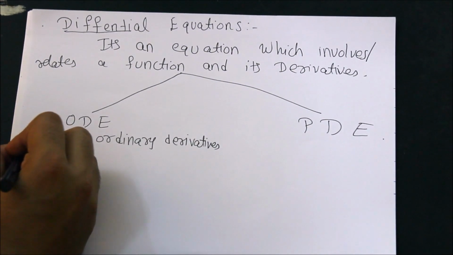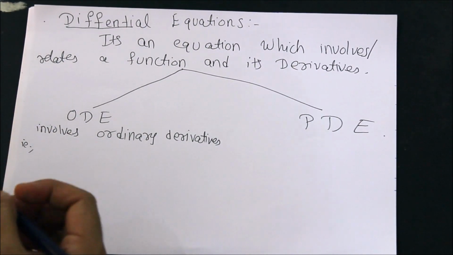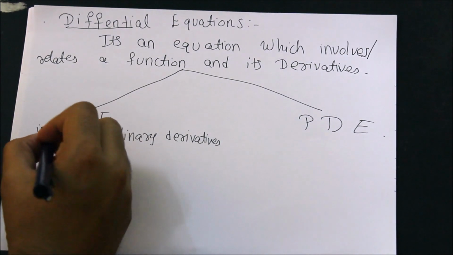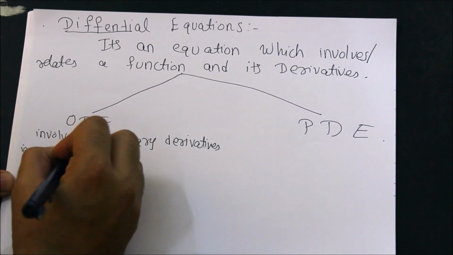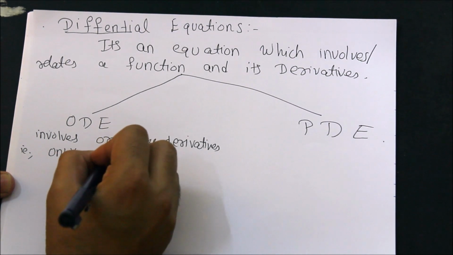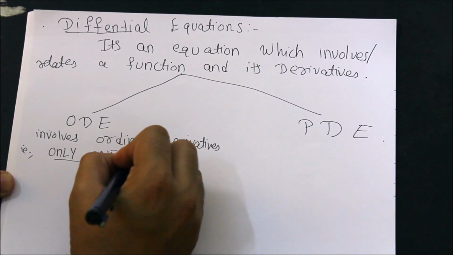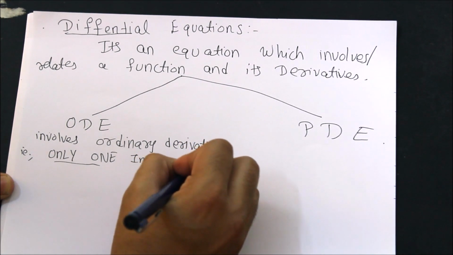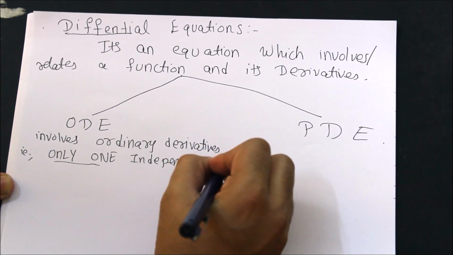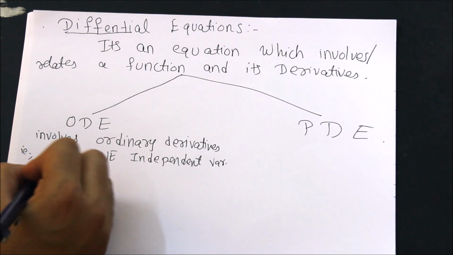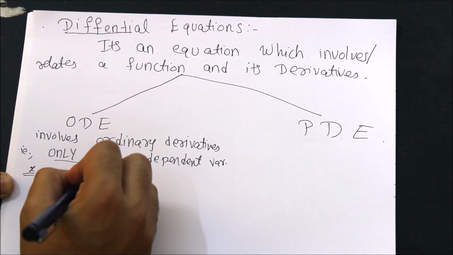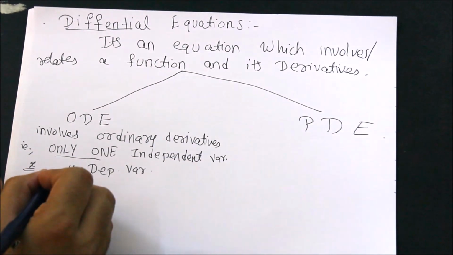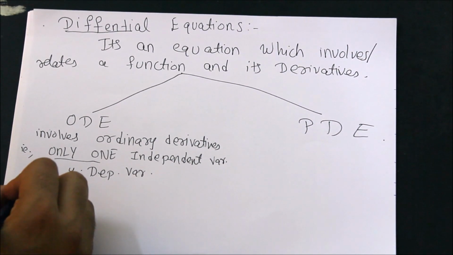One can say this in another way: the important thing is that you have only one independent variable. Say x is my independent variable, and y is a dependent variable. You can differentiate y with respect to x.